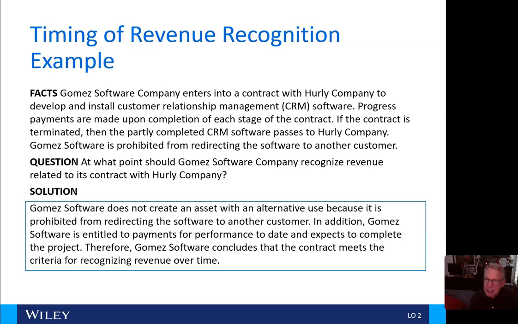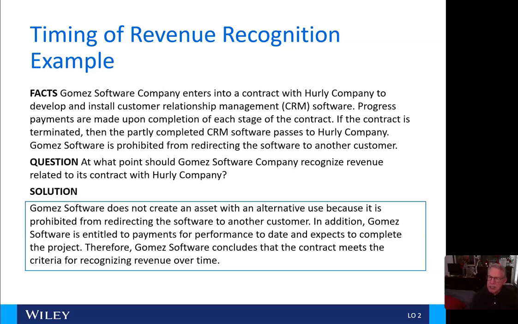If the contract is terminated, then the partially completed CRM software passes to Hurley Company. Gomez Software is prohibited from redirecting the software to another customer. So the question is, at what point should Gomez Software Company recognize revenue related to its contract with Hurley Company?